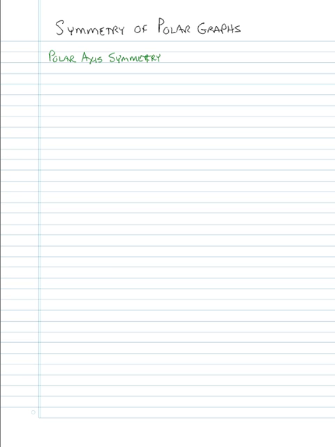And so we actually might think of this in terms of, and I might even slip and say x-axis symmetry. Now, to be symmetric about the x-axis means that whatever we have above the x-axis, we have something that mirrors it below the x-axis.